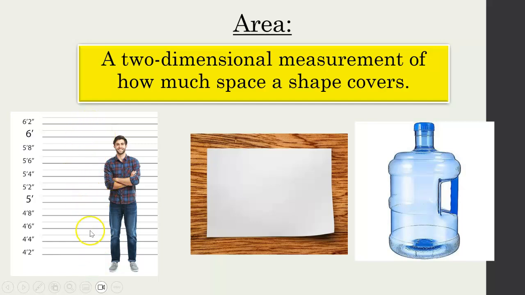So that's one-dimensional. If we wanted to see how much space this rectangular sheet covers, now it's flat, and I want to see how much space the shape covers, I'm measuring how much across and how much down it covers. So that's two-dimensional. Flat shapes, like on the screen right now, are two-dimensional shapes.